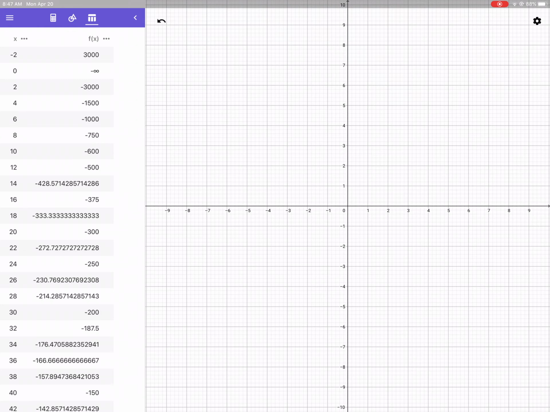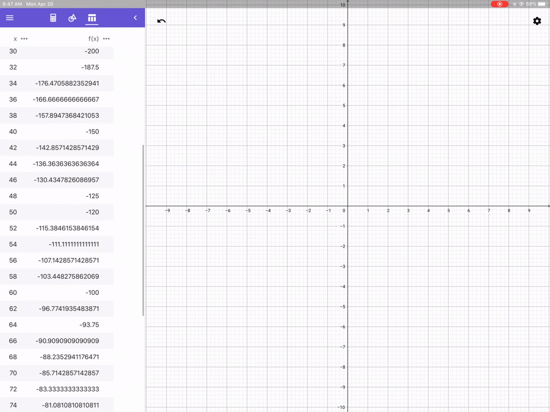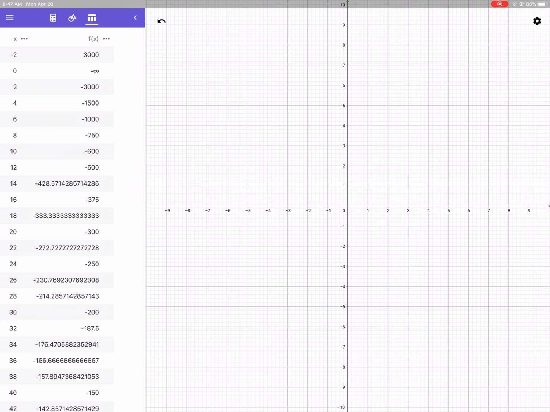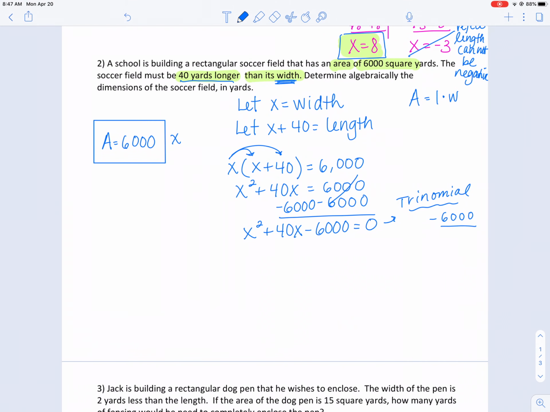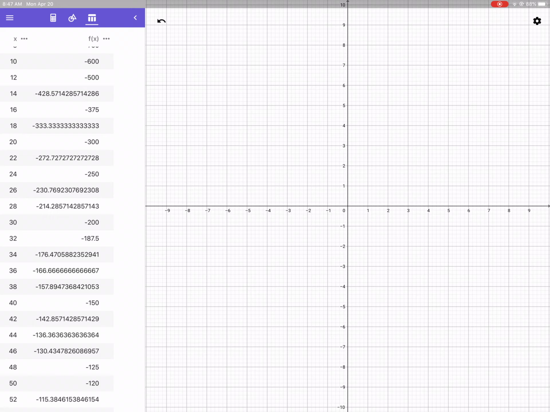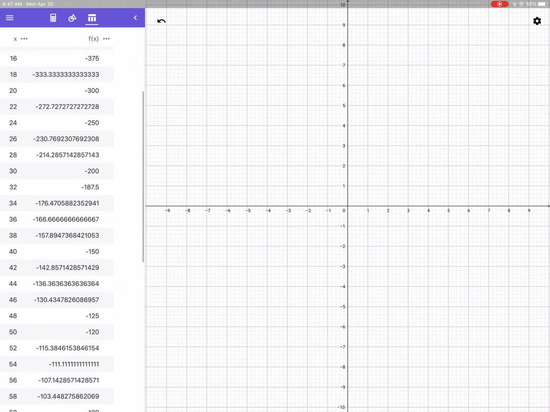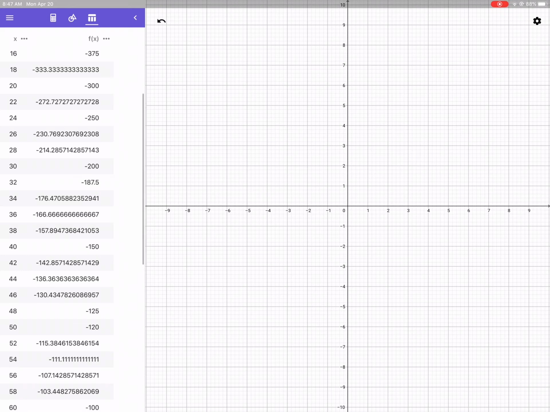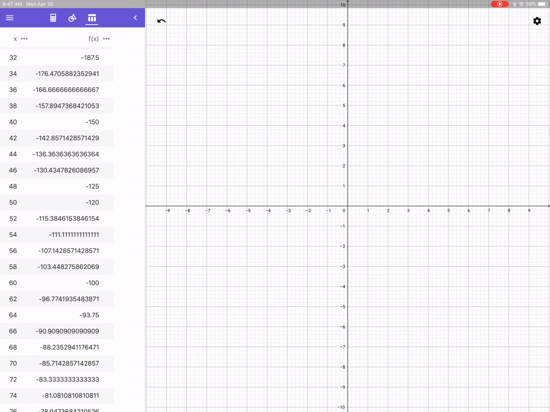So we're looking for two numbers that multiply to negative 6,000, like negative 2 and 3,000, 2 and negative 3,000. But their difference has to be 40. See the middle number? 40. So when I come back here and start looking, as I keep going, I'm getting closer. Like 30 and negative 200 has a difference of negative 170. So I've got to keep going. 40 and negative 150, that has a difference of negative 110. 50 and negative 120.